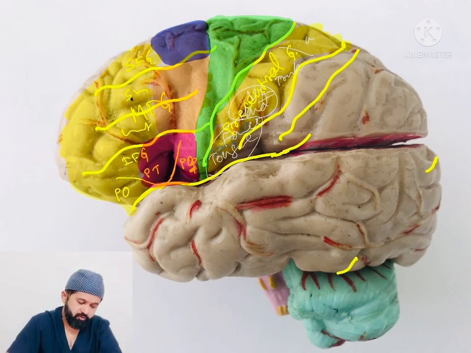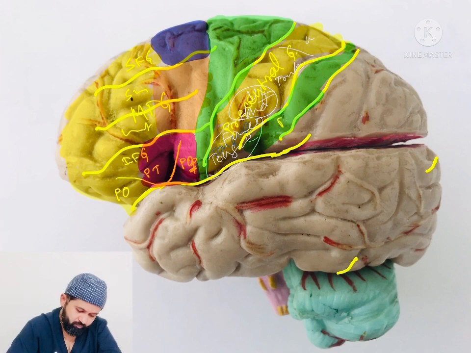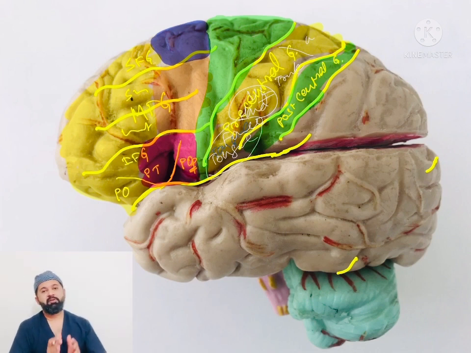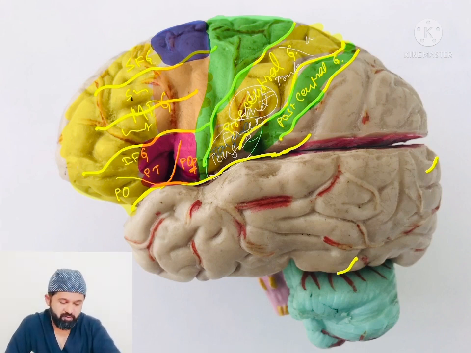The area between the central sulcus and the postcentral sulcus is known as the postcentral gyrus. Now the postcentral gyrus is relatively smaller in size, or relatively thinner than the precentral gyrus, and this gyrus is the primary sensory area or the primary sensory cortex.